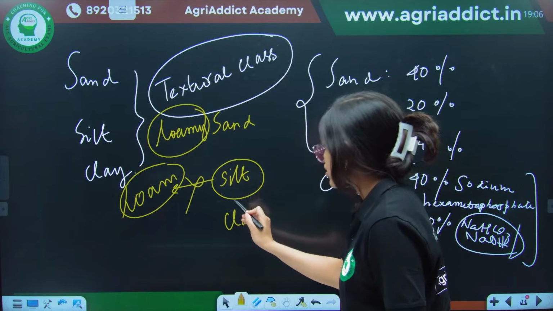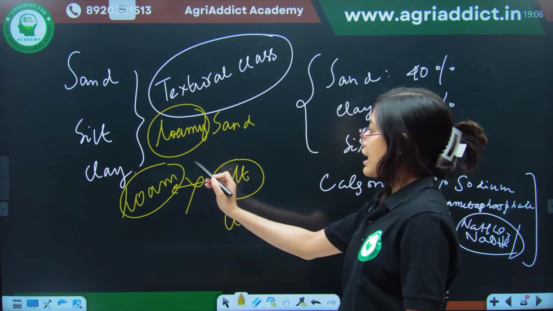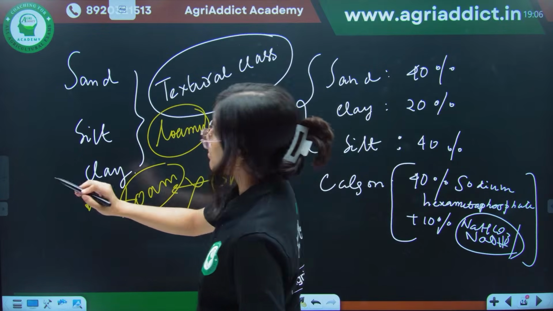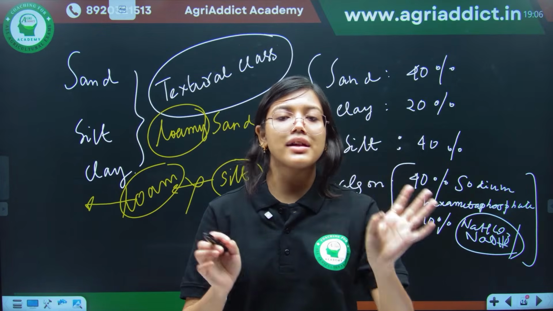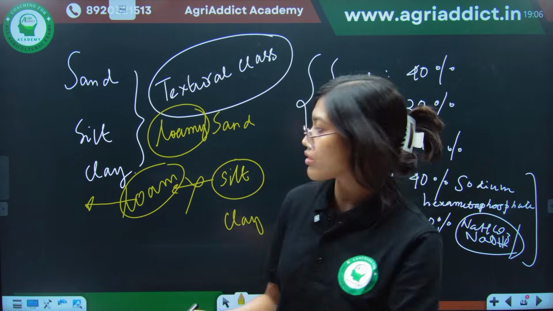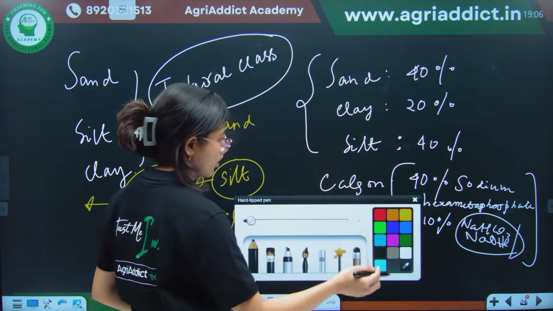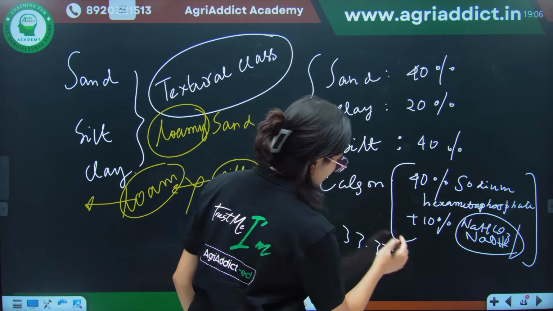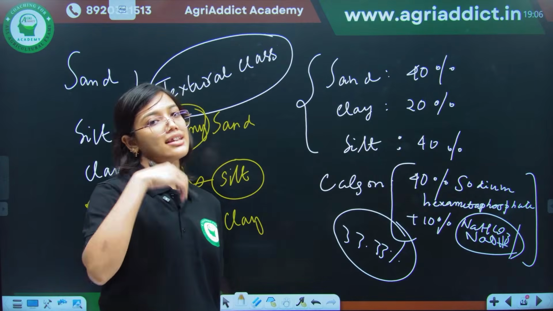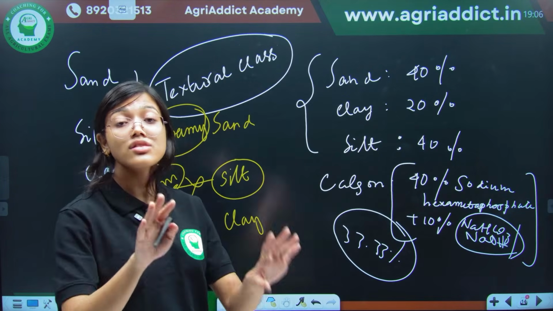The dominant fraction will be loam, and in that loam always remember that the sand, silt and clay will not be present in equal proportion. Many make this mistake, they think that okay, it is loam, so there might be 33.33% sand, 33.33% clay and 33.33% silt, but it is not that.